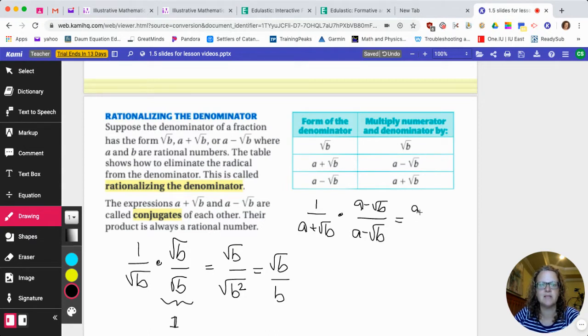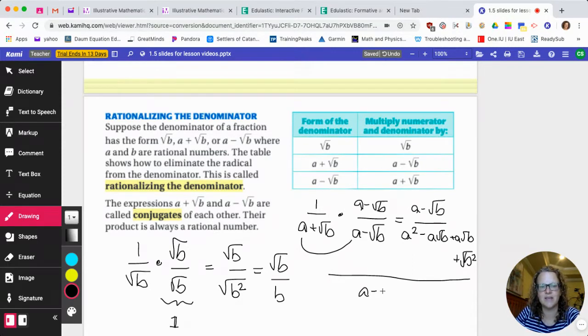Now in the top, it's easy. A minus root b is left over. I multiply across the top for fractions. And in the bottom, I have to FOIL, which you'll get quicker and quicker at. A squared. Outer is negative a root b. Inner is positive a root b. And last is, I'm so sorry, root b squared.